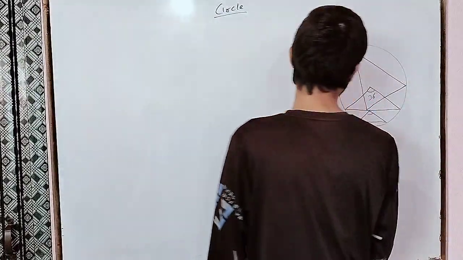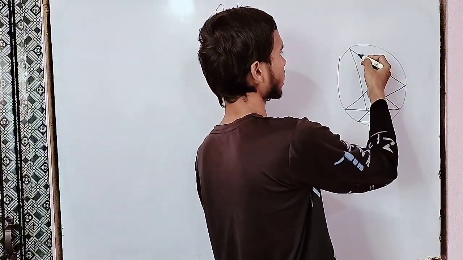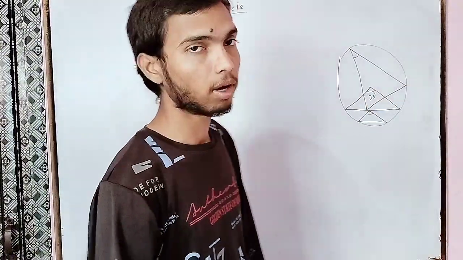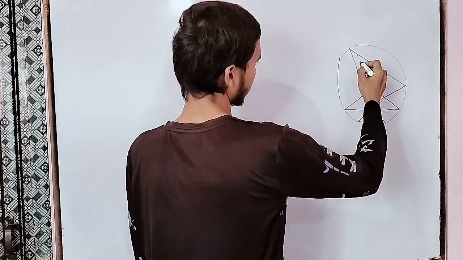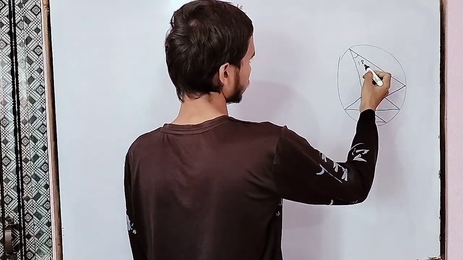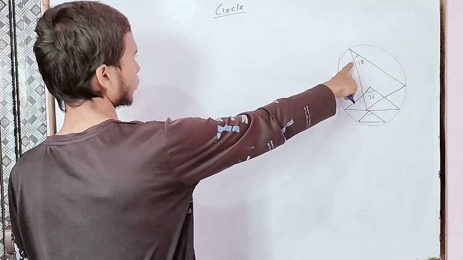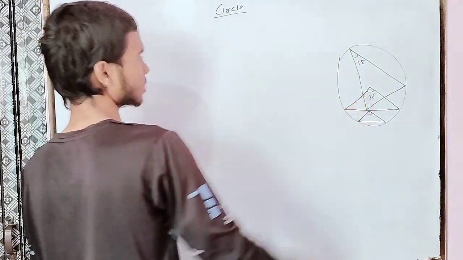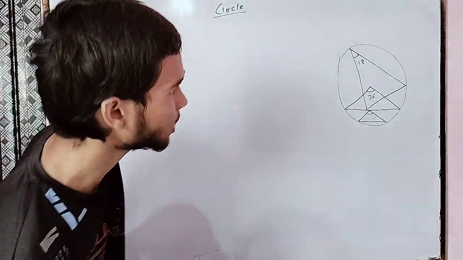It is a universal truth that if the angle of this triangle is 36, then the angle of this triangle will make a half of this, so 180. So automatically you will know what the angle of this is if the angle of this is given to you. Okay, so this was a theorem.